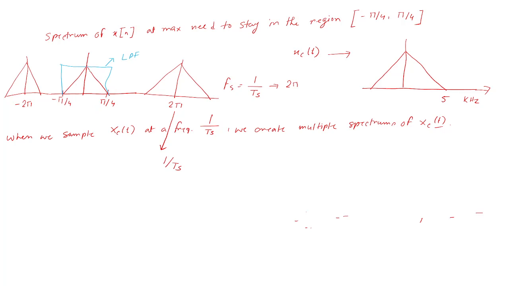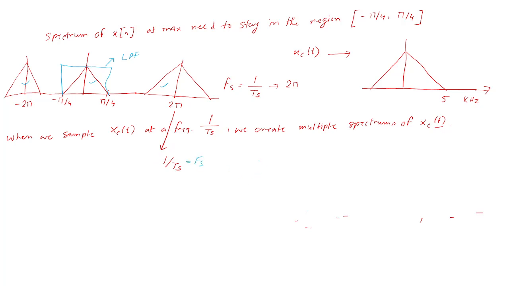So if I am willing to recover all the frequency components without distortion, my xn at least should stay within this low pass filter cutoff frequency, that is its maximum frequency component can be allowed to go up to pi by 4, where we have these copies of this spectrum at 2 pi in the discrete frequency domain, which in continuous time you can translate to 1 over Ts or Fs.